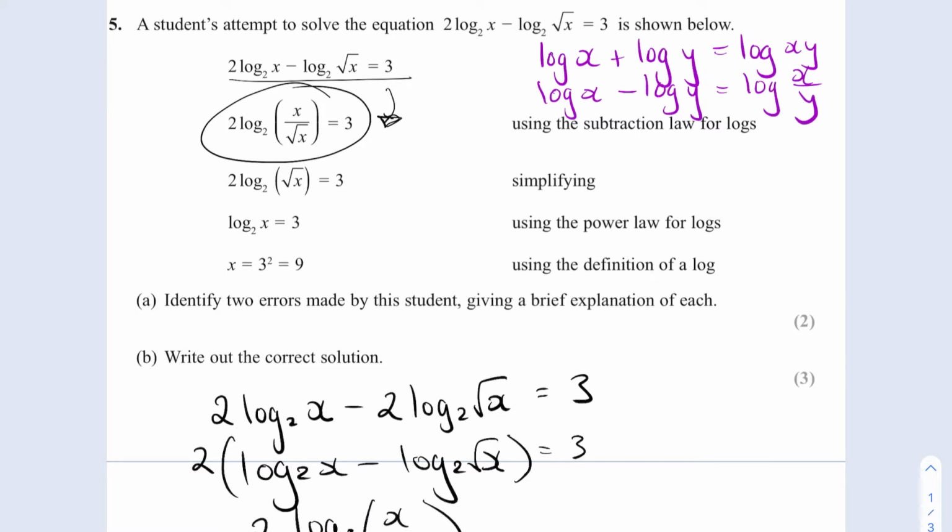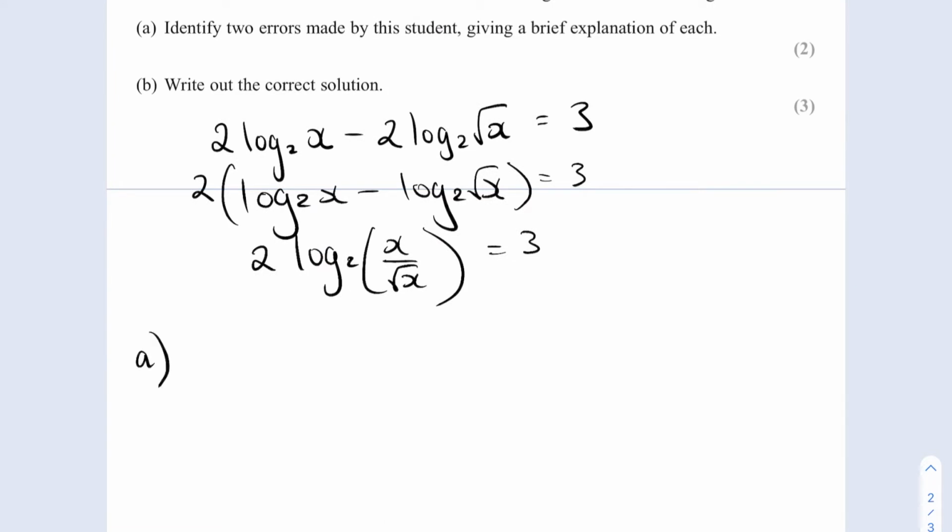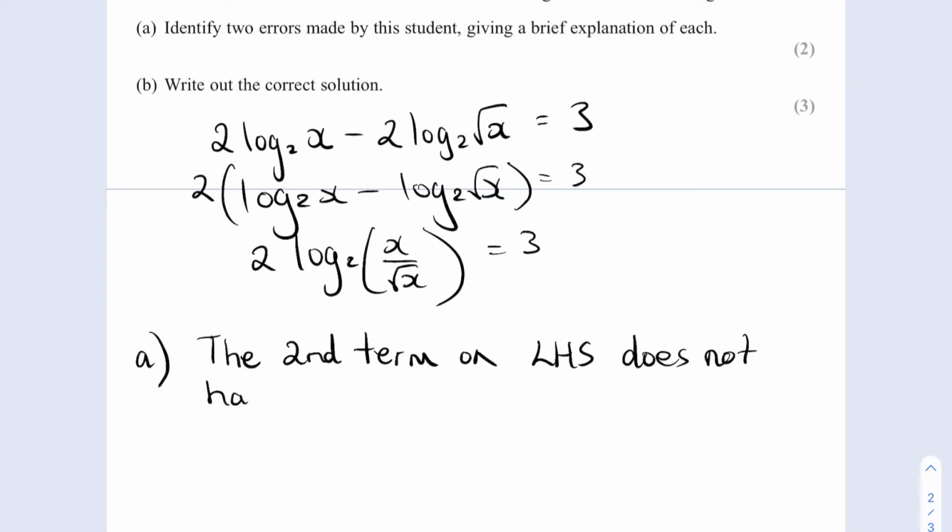So the first problem is the second term on the left-hand side does not have a factor of 2.